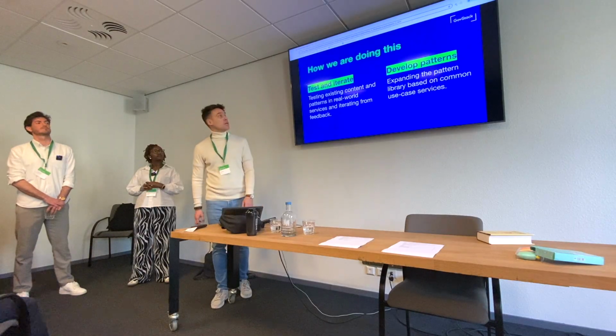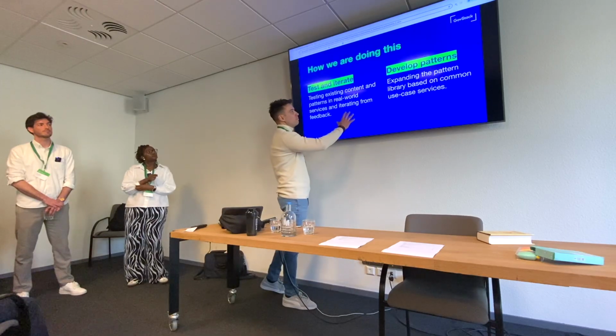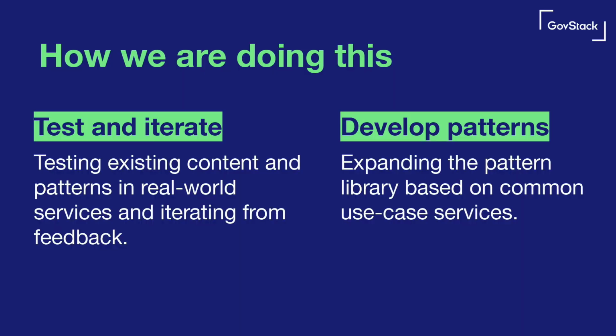What's the UX UI working group doing? We basically do two things. You can think of them as two tiers of participating. First, we test the patterns that are already documented on GovStack's website against real-world scenarios.